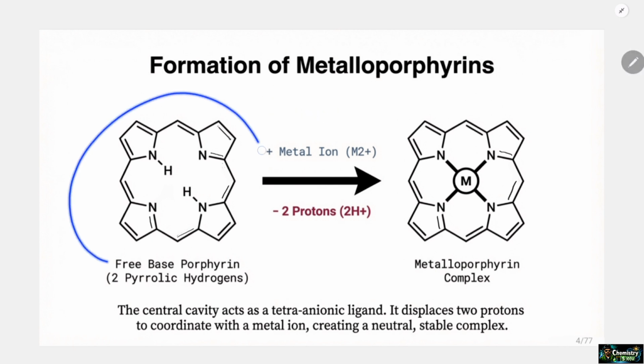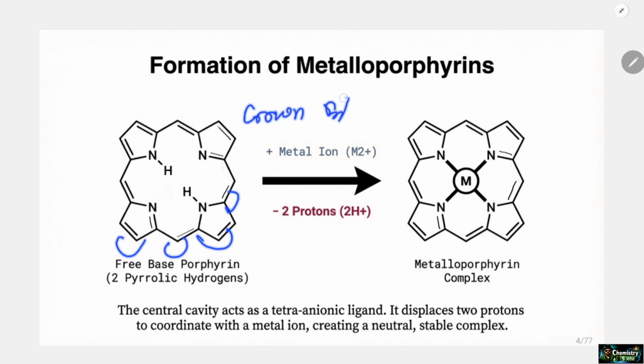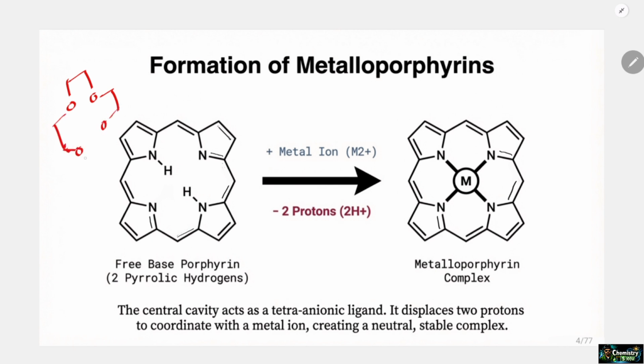In this planar conjugated system, all the pi bonds are delocalized, so it is more rigid than the crown ether system. We know that crown ether looks like this, with oxygen, and this kind of ligand is more rigid.